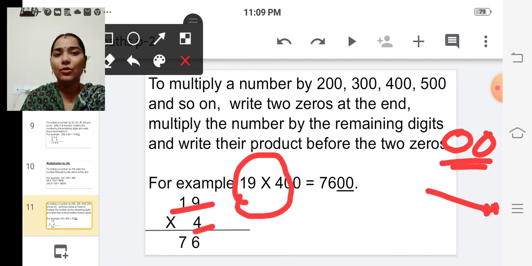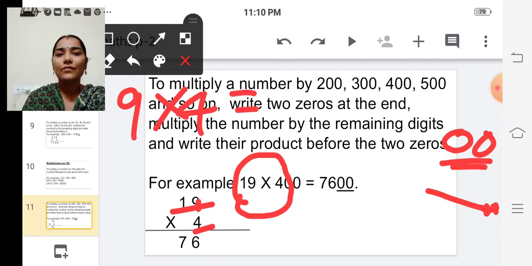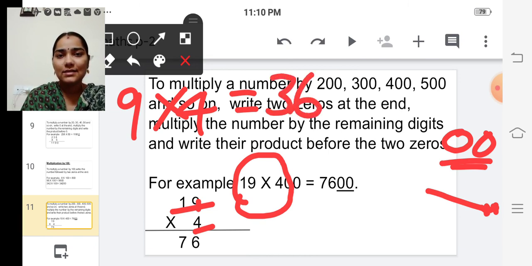So first let's start with the ones digit, isn't it? So 9 into 4. 9 fours are? Do you remember our fourth table? 9 fours are 36.